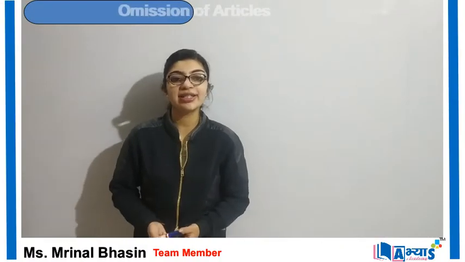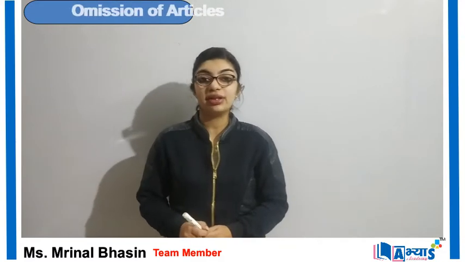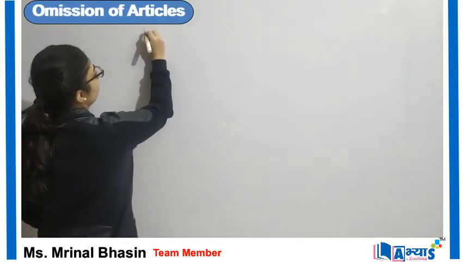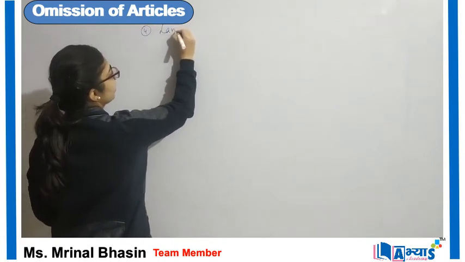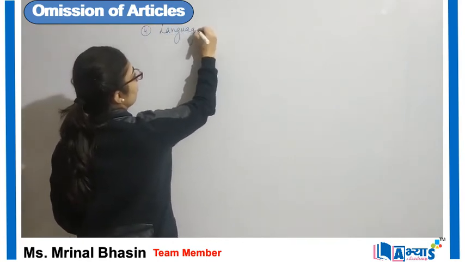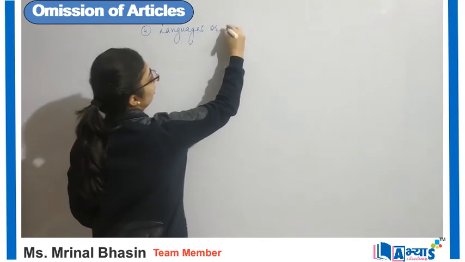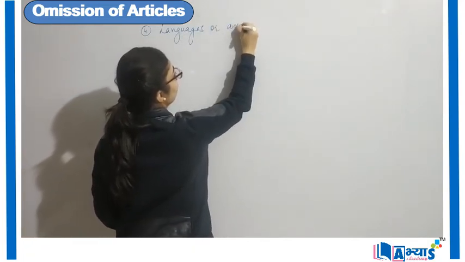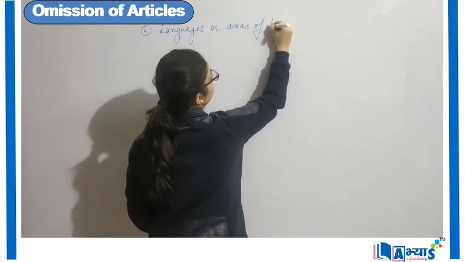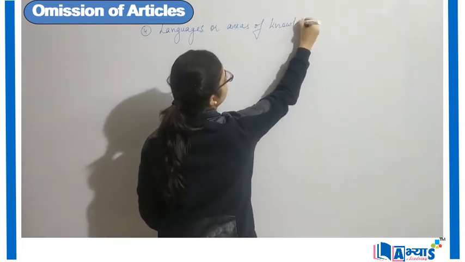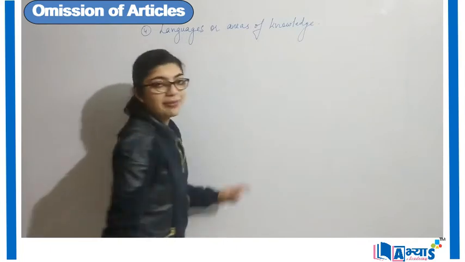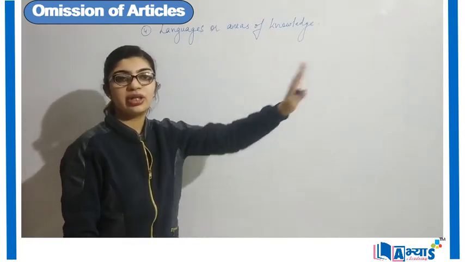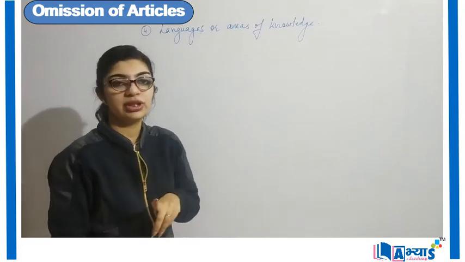Now the other cases where the article the is not used is for mentioning some language or parts, or I can say areas of knowledge. So while mentioning any kind of language or the areas of knowledge, the article will not be used.